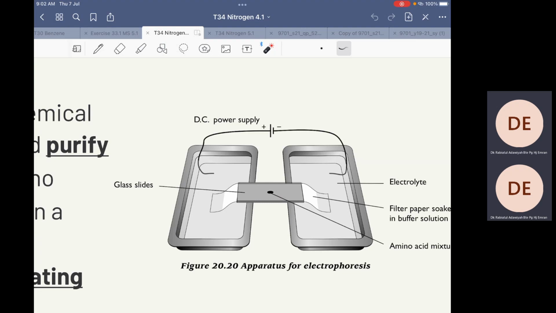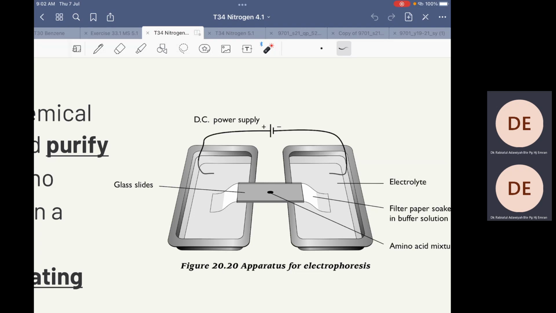In your case it will be colors, but for chromatography later on we will see some molecules will move further up, some molecules will only travel a short distance. So this is a separation technique. In the same way, electrophoresis is a separation technique if you want to separate the individual amino acids from a mixture.